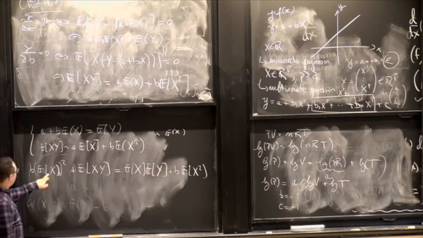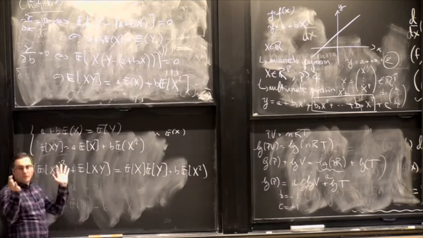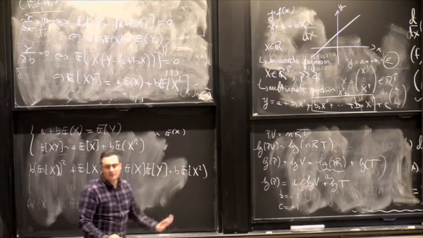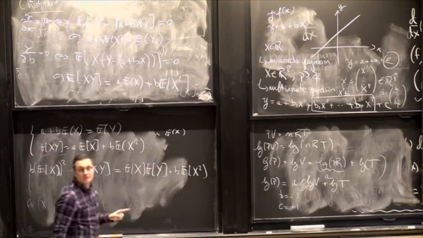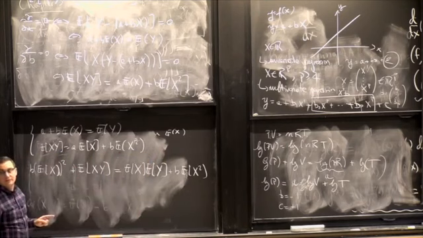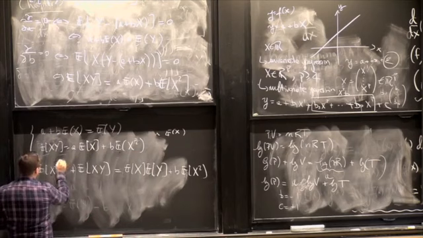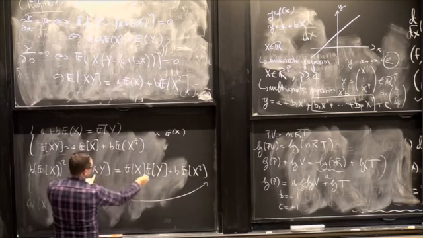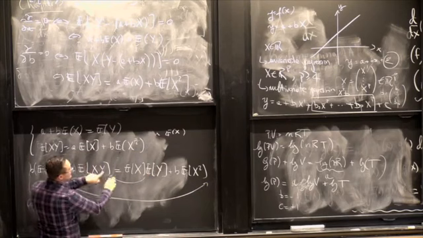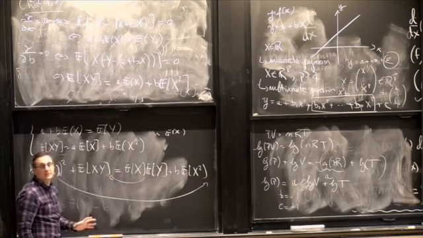So here I have b expectation of x, the whole thing squared, and here I have b expectation of x squared. So if I pull this guy here, what do I get? B times the variance of x. And when I move this guy here, I get expectation of x times y minus the expectation of x times the expectation of y.